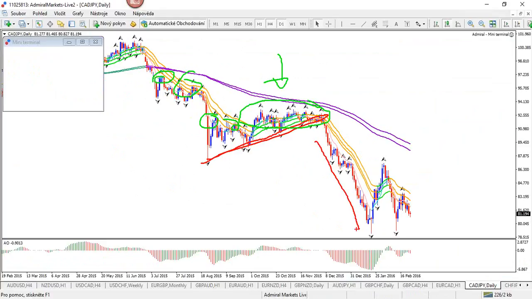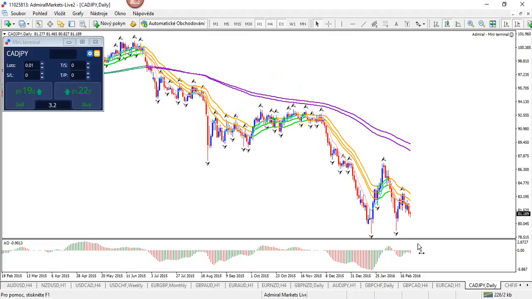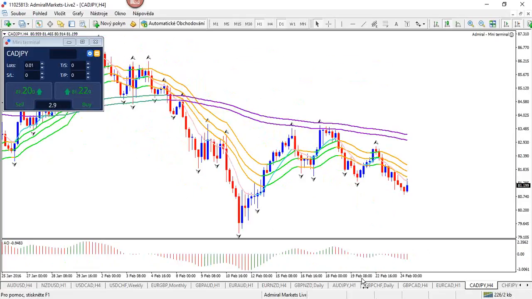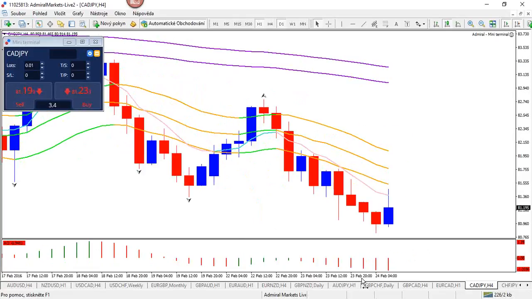After that, it fell so fast that it didn't even pull back to the 21 EMA, only here. And that could have been a daily setup somewhere in here. Back to the 4-hour world. It looks like it's actually setting itself up.